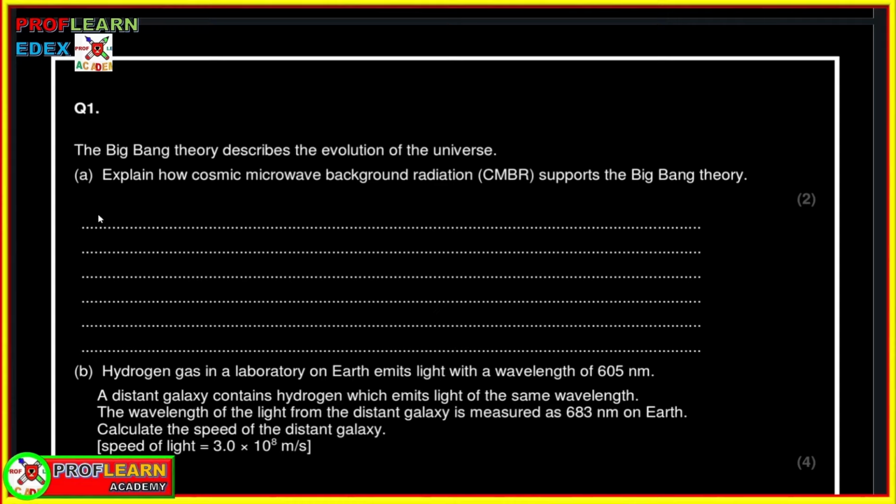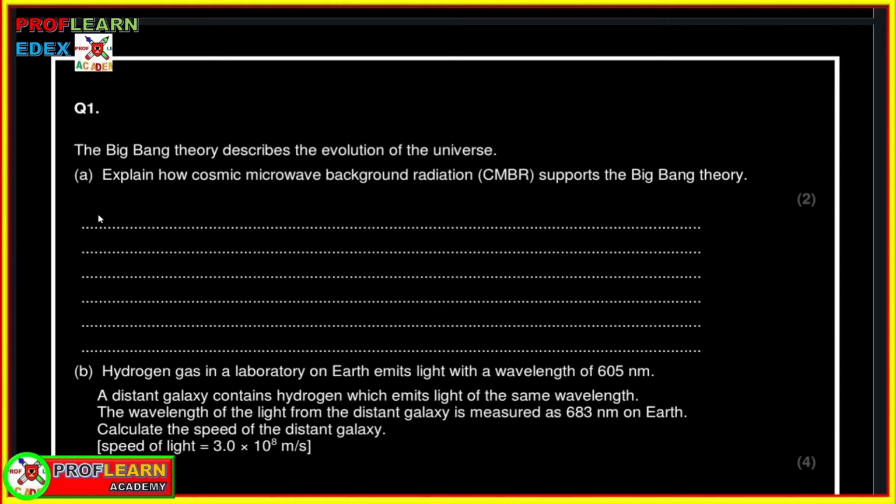If all the galaxies in the universe are receding and moving away, it will mean that they are displaying redshift. So the presence of CMBR, that is cosmic microwave background radiation, and the redshift displayed by distant galaxies, those are two evidences that support Big Bang Theory.